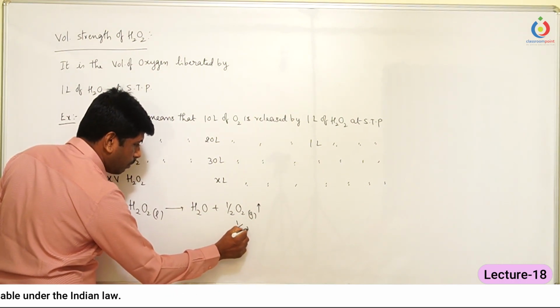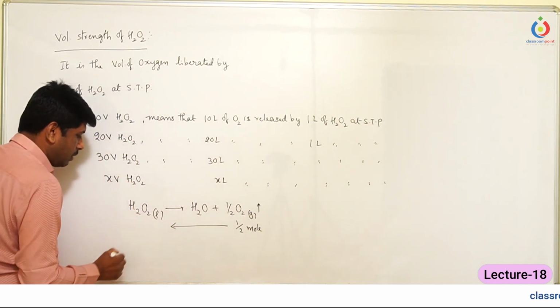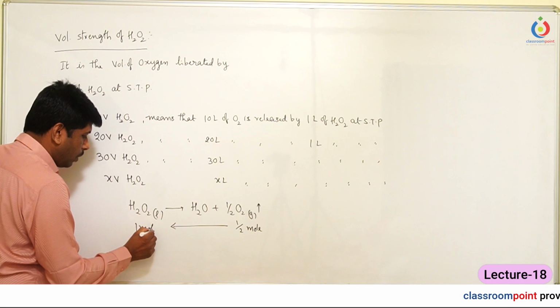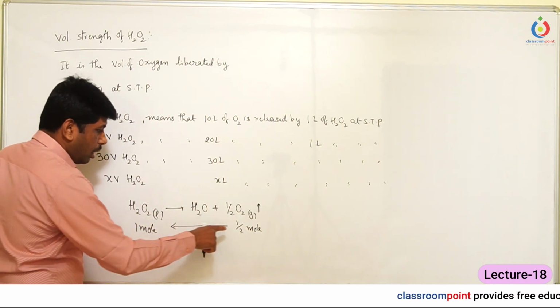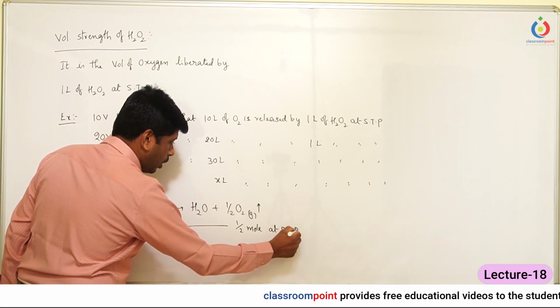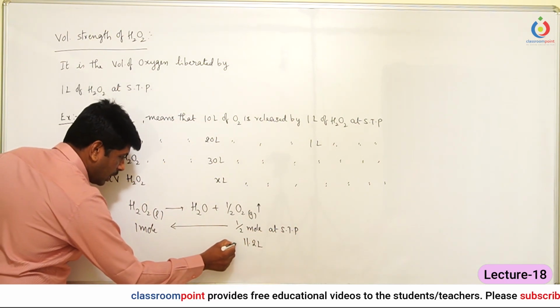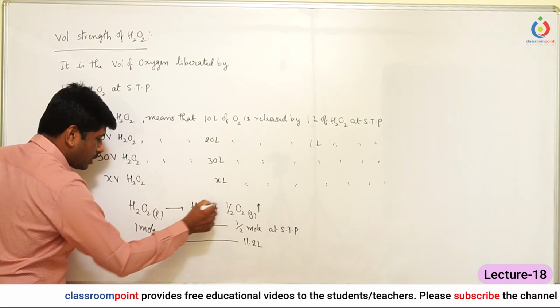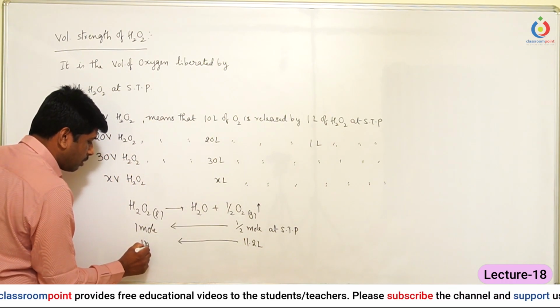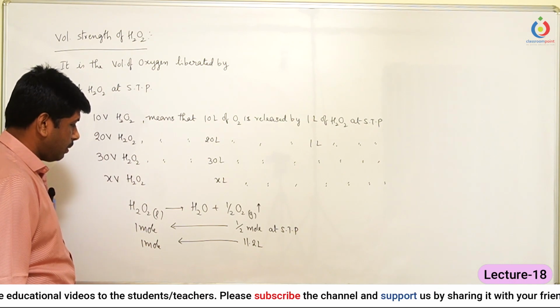Only half mole of oxygen gas is released from 1 mole of H2O2. Half mole of oxygen gas at STP occupies 11.2 liters. That means 11.2 liters of oxygen gas is released by 1 mole of H2O2 at STP.